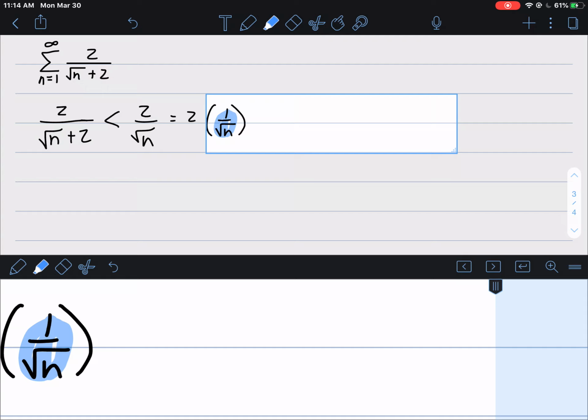It's a p-series with p equal to 1/2, less than 1, a divergent p-series. But that presents a problem. Let me write that and then recognize the problem that we have.